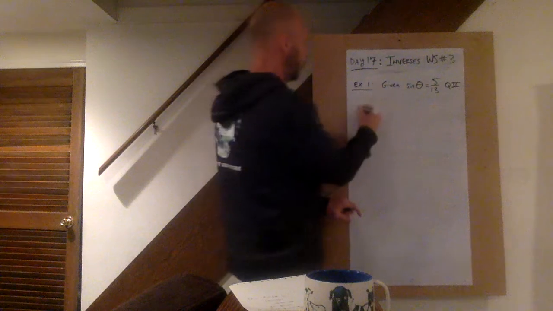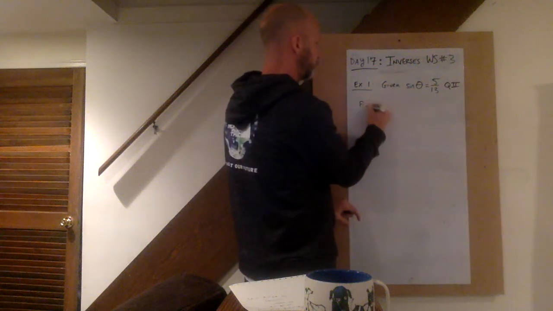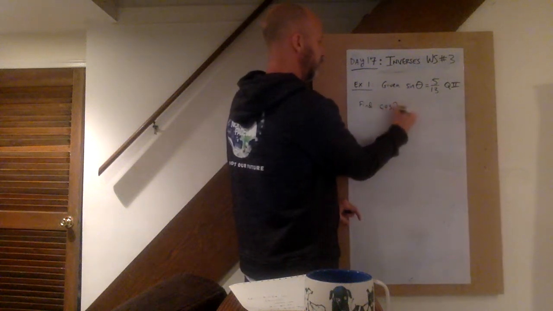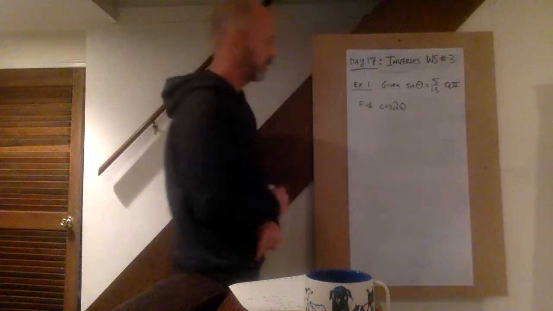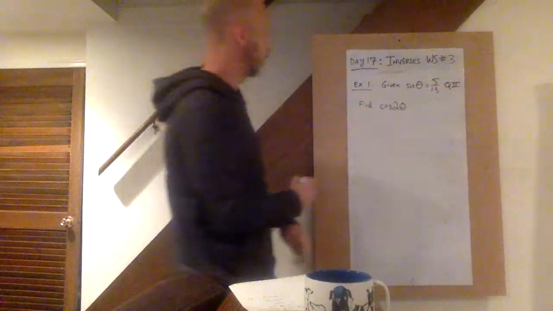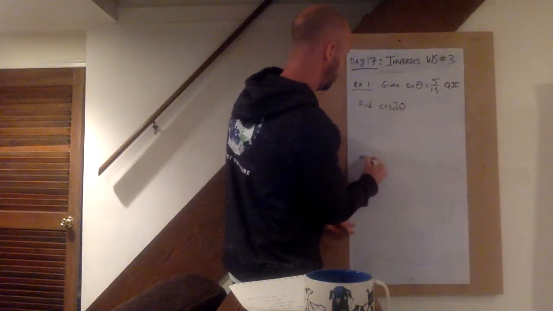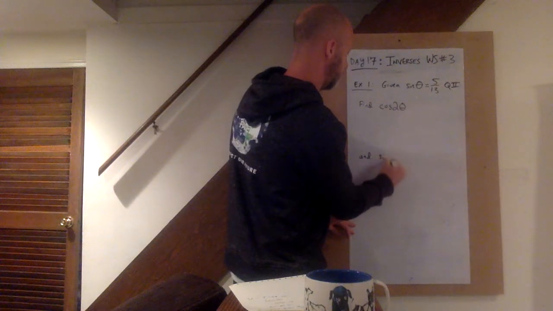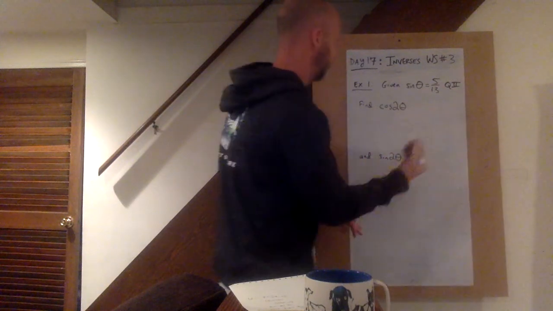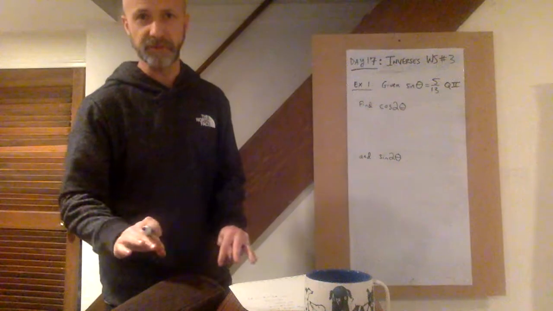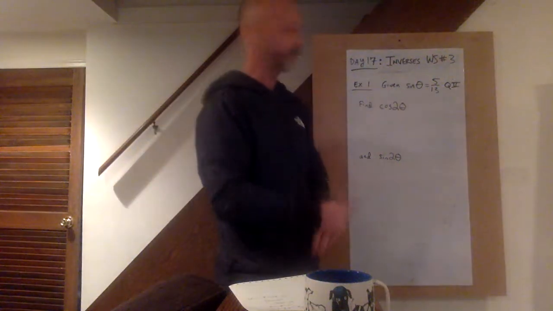And what we want to do is find cosine of 2 theta. That would be our first part. And also we would like to find sine of 2 theta. Actually, no inverses involved here. Just kind of a setup for what's to come.